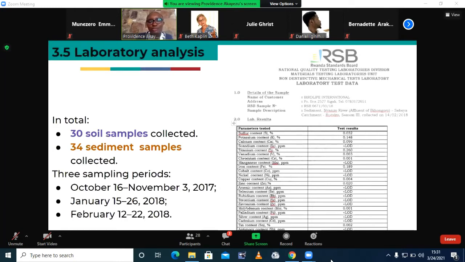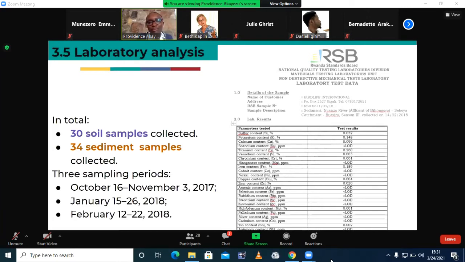We had a total of 34 sediment samples that we collected in the 3 sampling campaigns, if I can call them so. We collected the soil once, since we assume that soil properties do not change much throughout time, but the sediment amount can change.